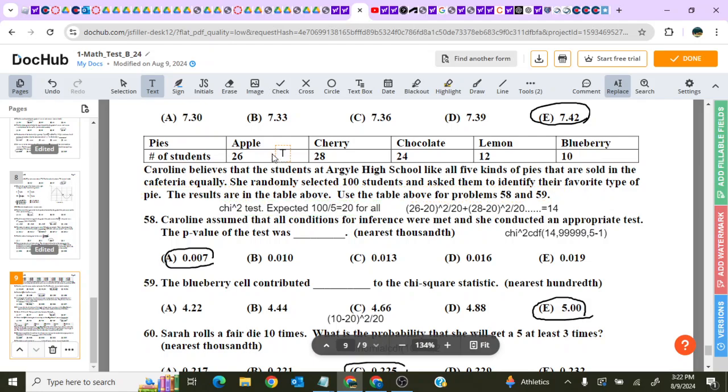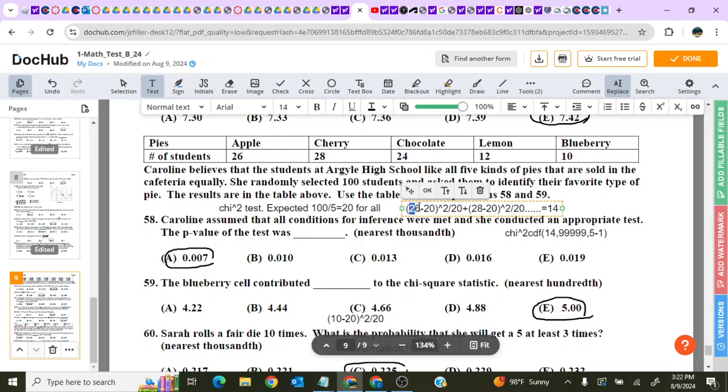Well, first off, you figure out how much of each thing is expected. If they're equally distributed, each pie should have 20 people who like them, so your expected is 20. Then you take the actual value, subtract 20, square it, and divide by 20 again. You do that continually, and that'll get you your chi-squared value.